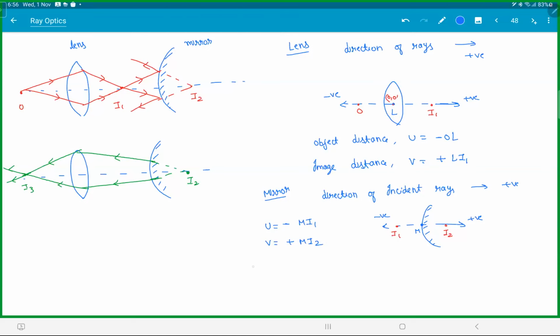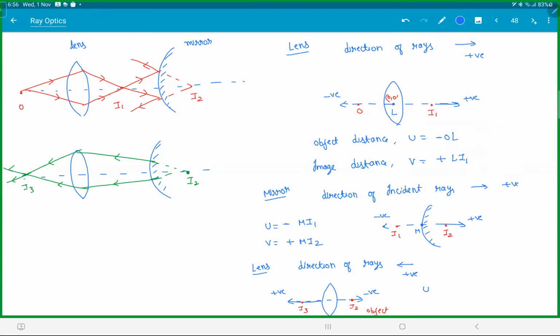Now light rays are coming back. Again, the lens. Now direction of rays is this way, so this is positive. So you take this side as positive and this side as negative. Your object I2 is here. Your image I3 is here.